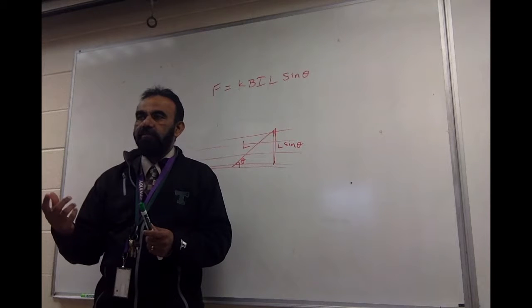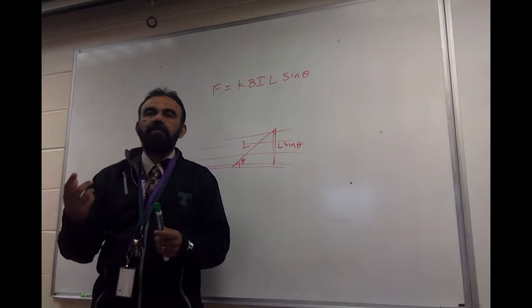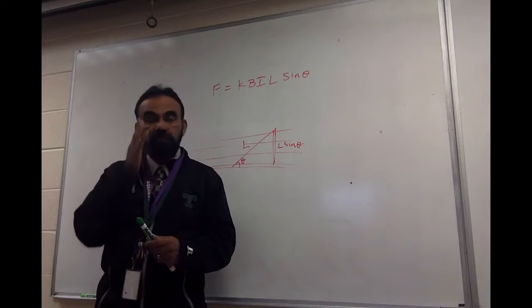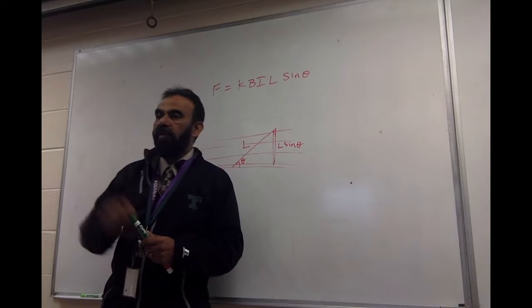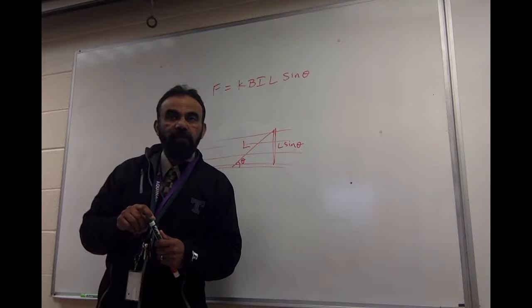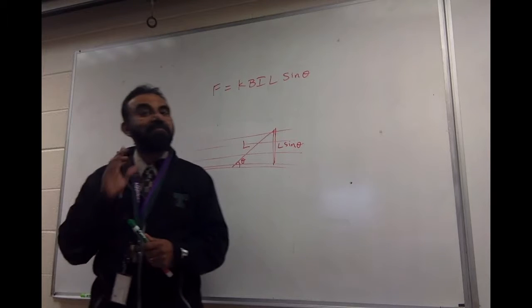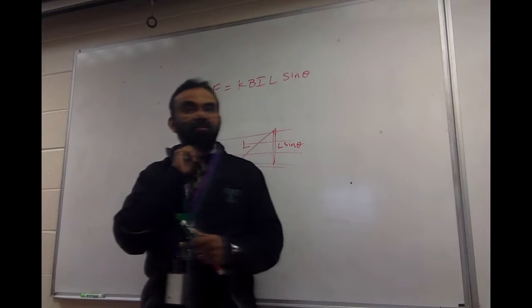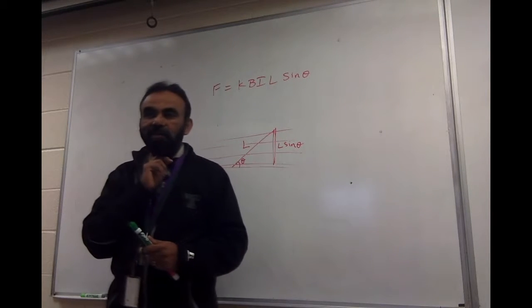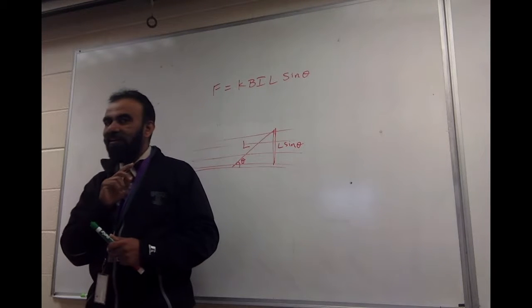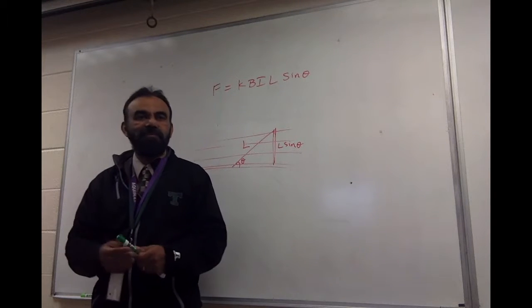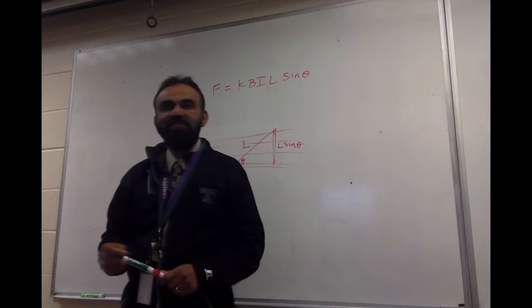The same way as how much of the moon do you see? What's the area of the moon that you see? Tell me an equation for that. You all know.